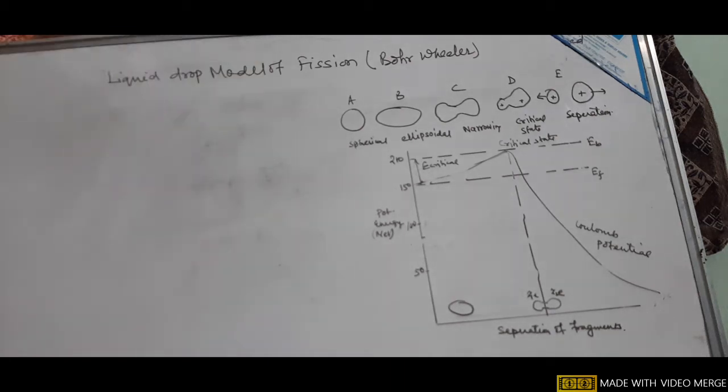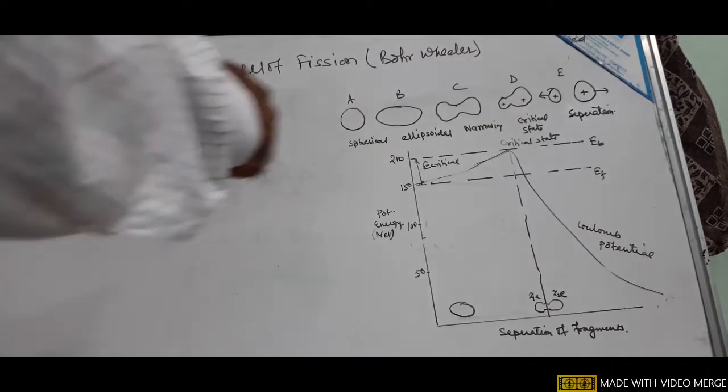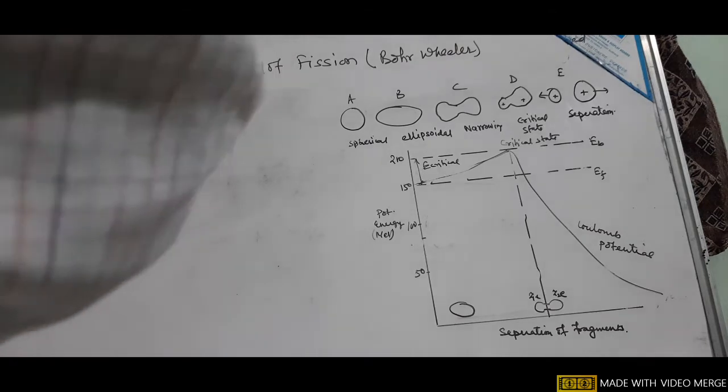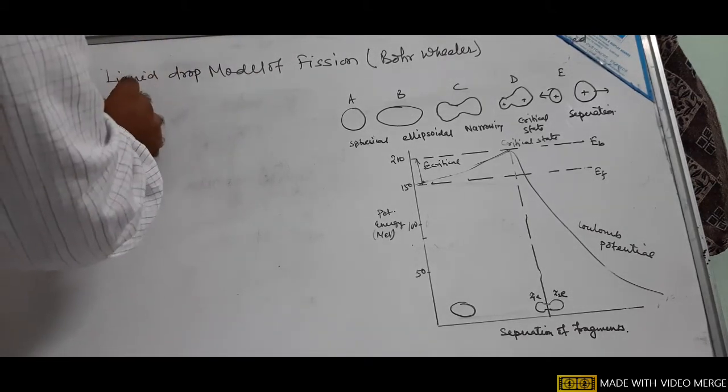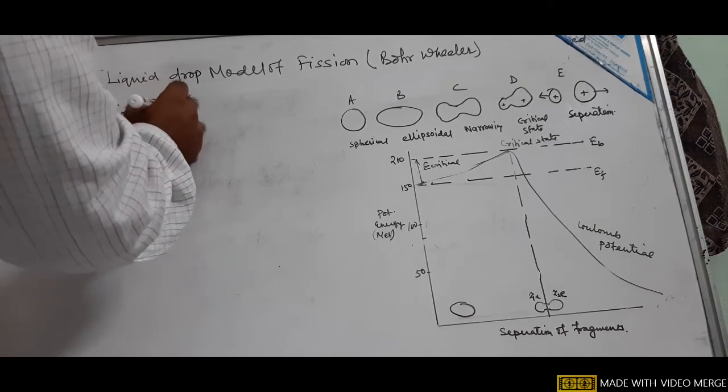In this lecture I will be talking about the liquid drop model of fission, that is Bohr-Wheeler theory. In a large nucleus containing many nucleons, two forces are cooperative. What are those two forces?